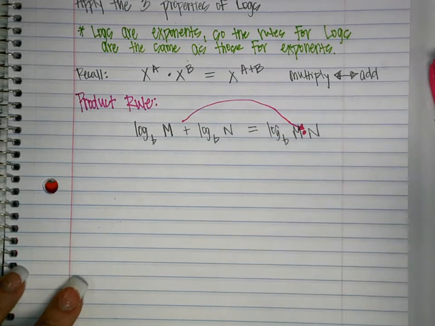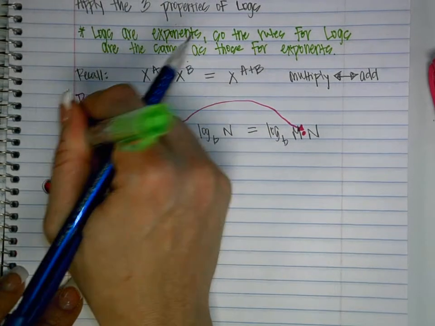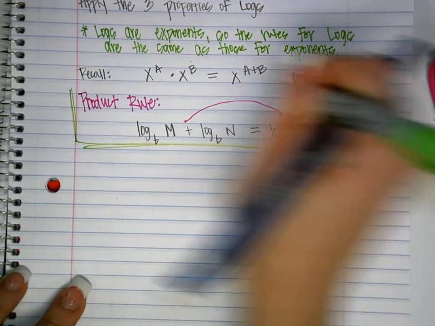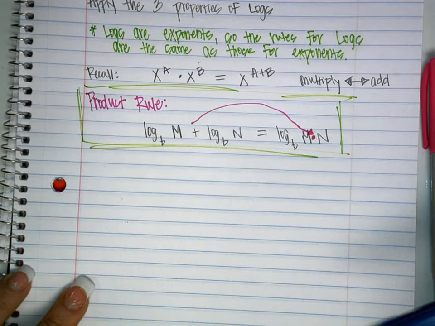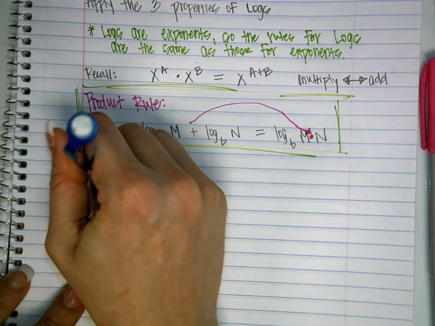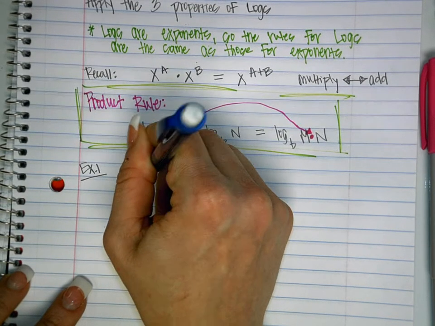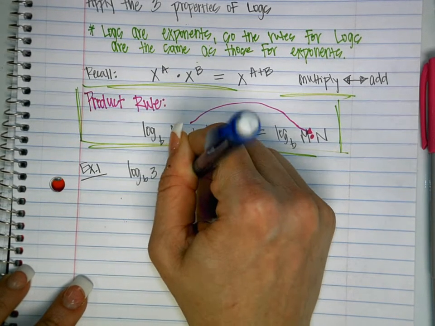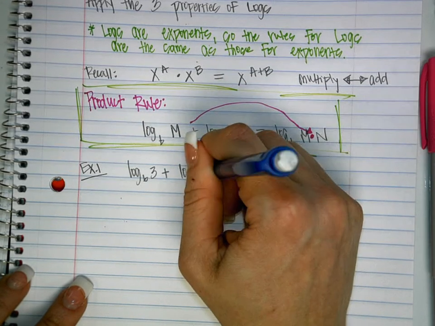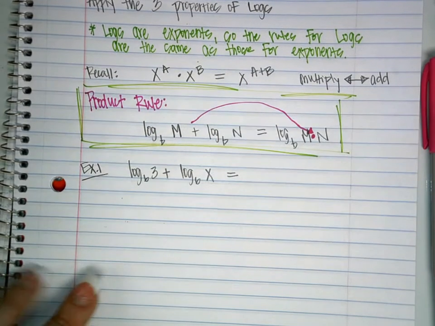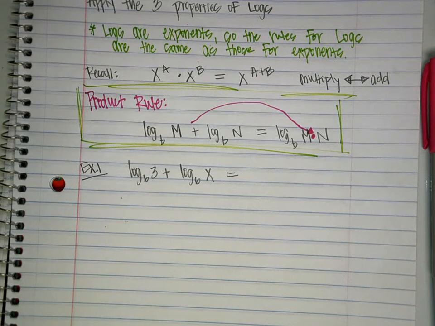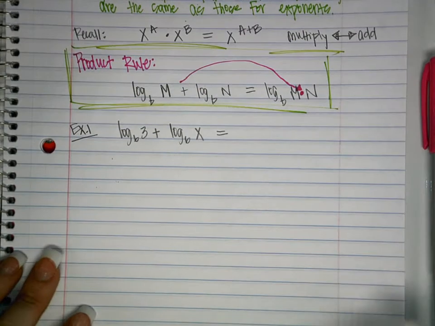That is going to look something like this. If I ask you to condense log base 6 of 3 plus log base 6 of x.